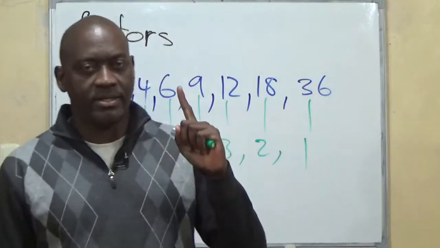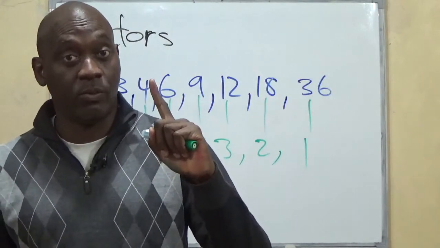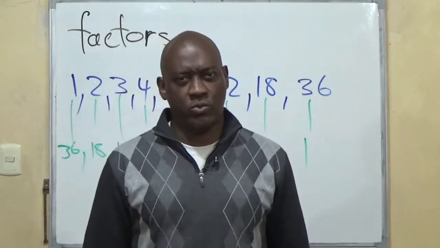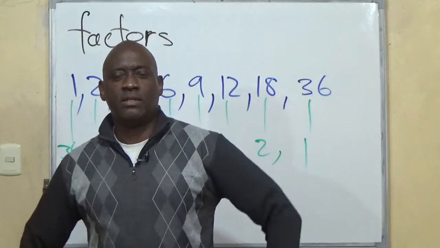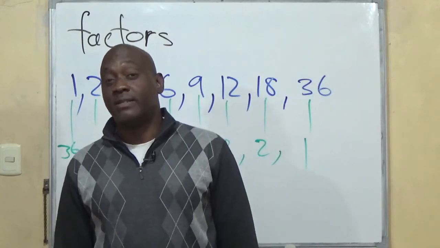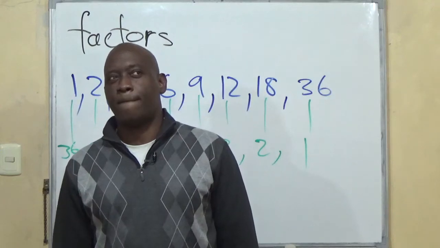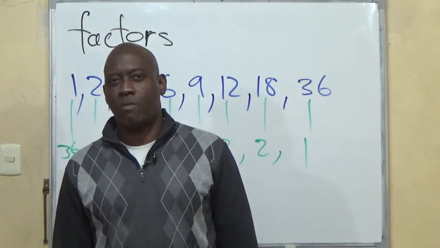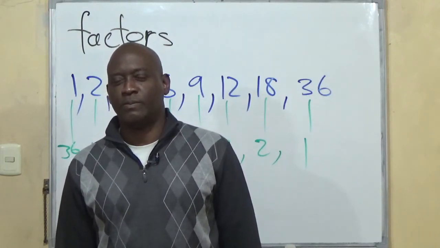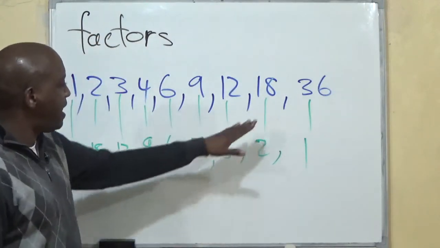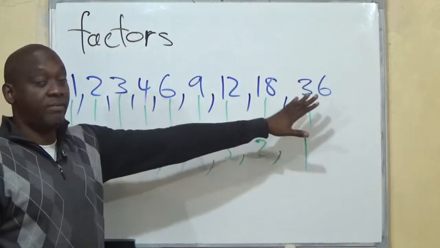So listen to this very carefully now. Anytime you have to list the factors of any number, the greatest one will always be half of the number if the number is an even number.